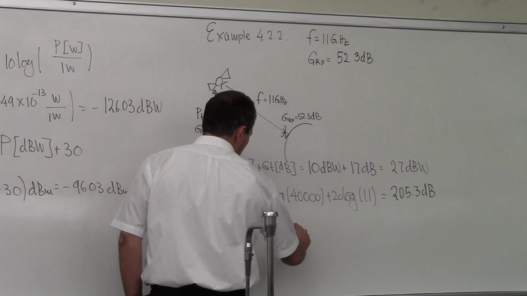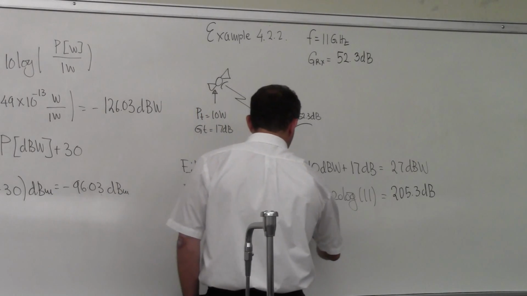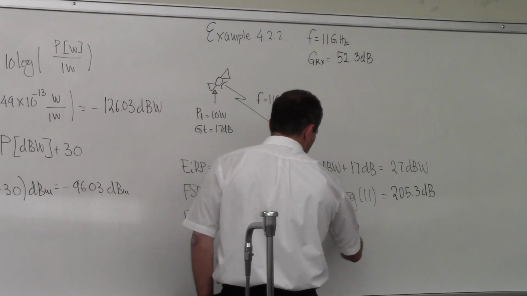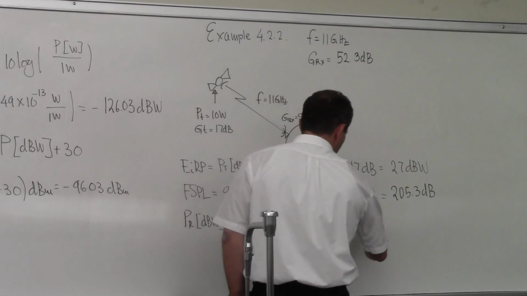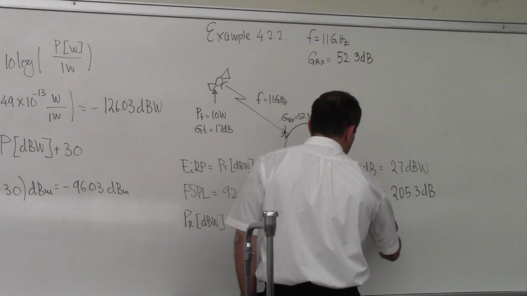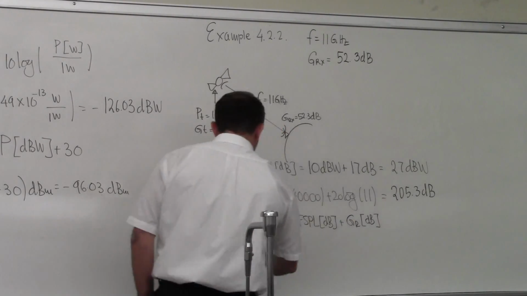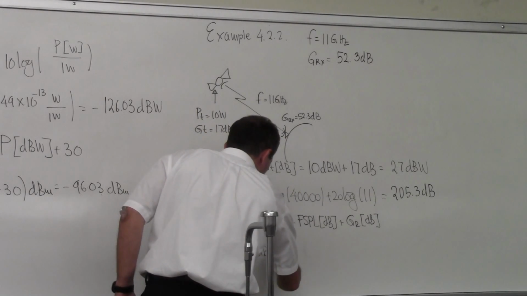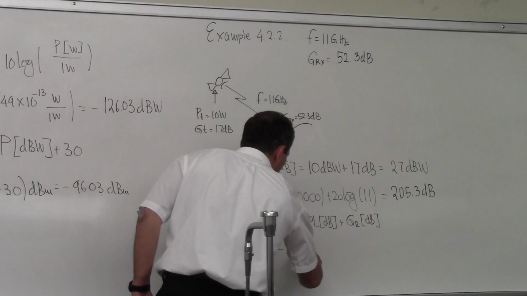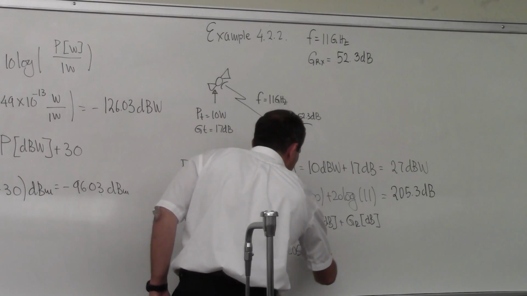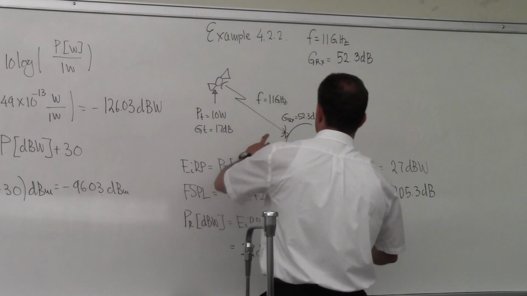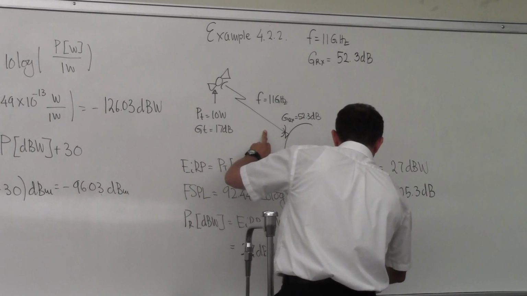And then your received power in dBW is going to be your EIRP in dBW minus your free space path loss expressed in dB, and then plus your gain of the receive antenna expressed in dB. So this is your 27 dBW minus 205.3 dB, and then plus the receive antenna gain, which is 52.3.